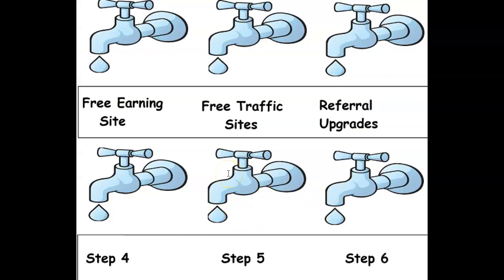And as you progress on to step number 6, if you have 4 referrals who are active in the system and have followed you through each of the steps, then that is sufficient for you to be earning over $1,000 per month.